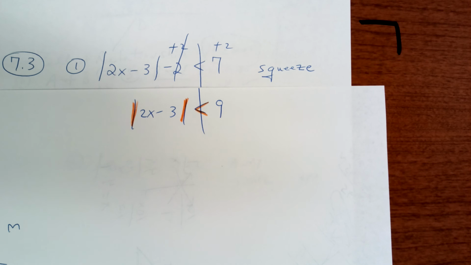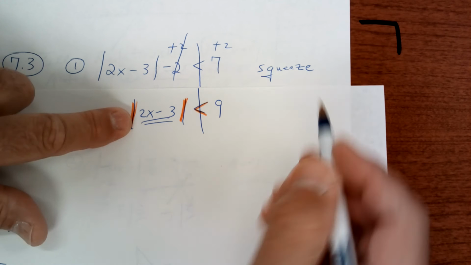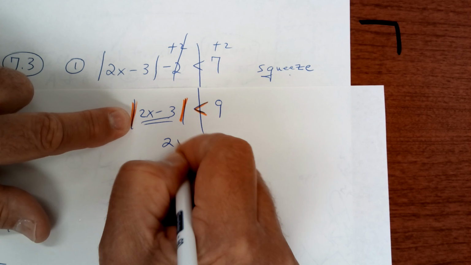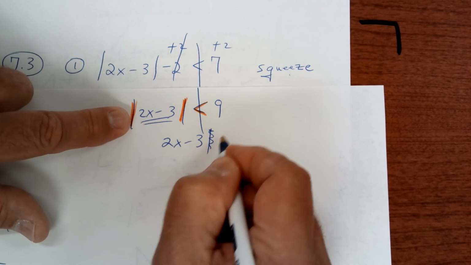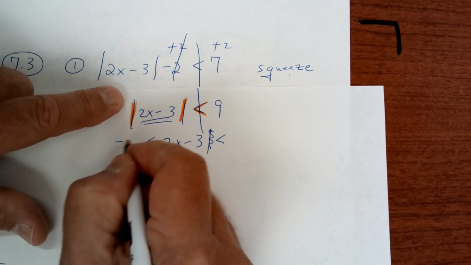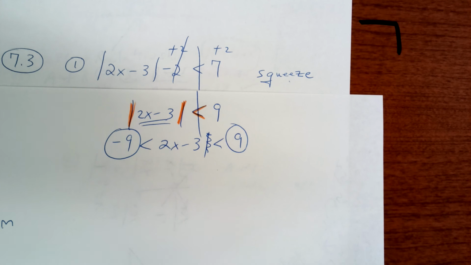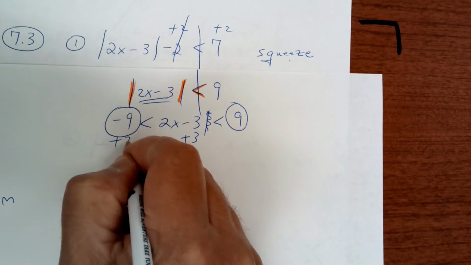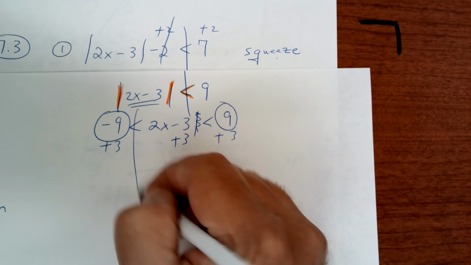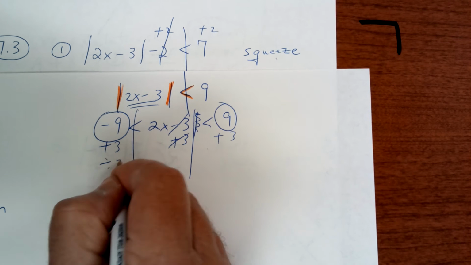We'll call this type 1. If it points towards it, you're going to squeeze this, and that's why I put it squeezed. 2x minus 3 is going to be squeezed in between a positive and a negative 9. A positive and a negative 9. And then you work it out. You add 3 to all 3 pieces, because now you have 3 pieces here. And then you divide by 2 to get rid of that 2.